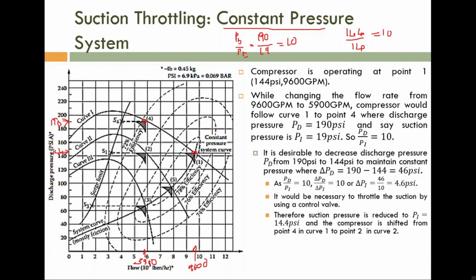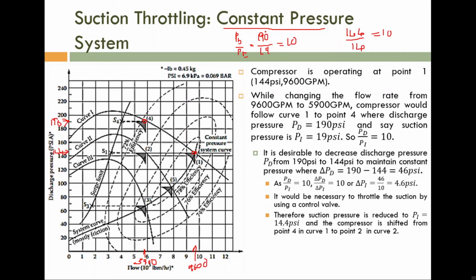Whether it is 9600 or 5900, definitely we need to reduce the suction pressure. For explanatory purpose, corresponding to operating point 4, the suction pressure is 19 and discharge pressure is 190.